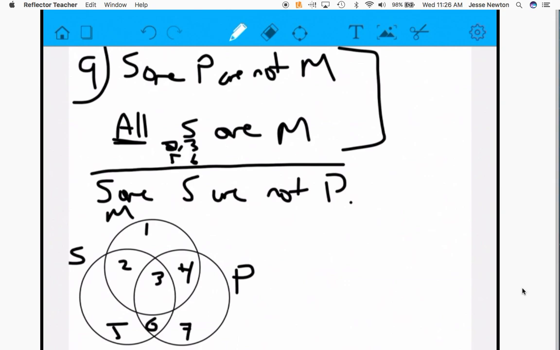Region M is 1, 2, 3, and 4. So we circle the regions of overlap, 2 and 3, scribble out the 4, scribble out the 1. And we're saying all S are in M. And this is actually just like the previous one. If they're all in 2 and 3, that means there's nothing in 5. That means there's nothing in 6. So we use a shade to indicate that.